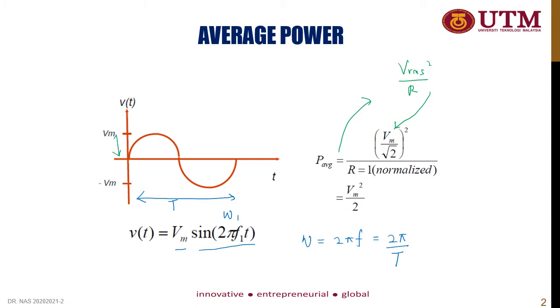So this is V max or V peak divided by root 2, squared, divided by R. If R is not given, we can assume R equal to 1, normalized resistance. So P average is equal to Vm squared divided by 2, in which Vm is equal to V peak, squared divided by 2.